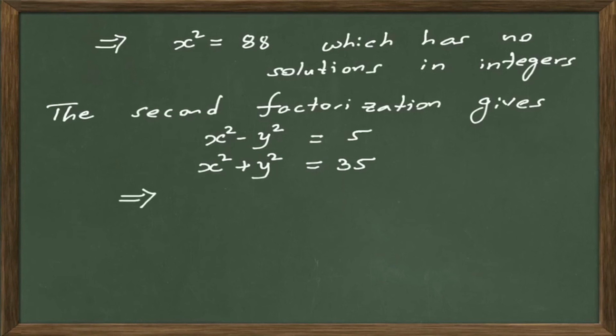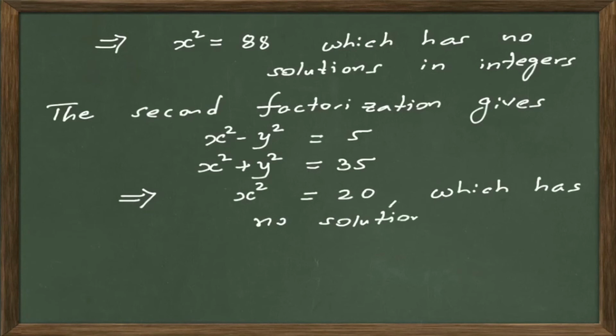This implies that x squared is equal to 20, which again has no solutions in integers. So we discard this factorization as well.